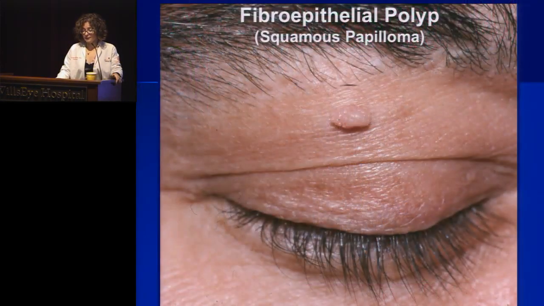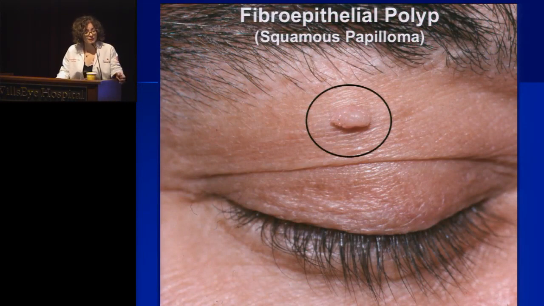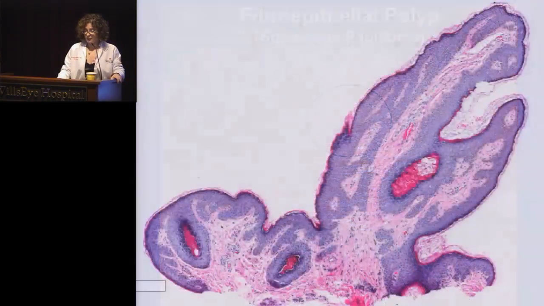Okay, so let's now move on to this one, which is a fibroepithelial polyp, and we can call it acrocordon or a skin tag. Eye pathologists will call it squamous papilloma. And typically in dermatopathology, that term is reserved for large lesions. For small lesions, fibroepithelial polyp is applicable. So that's what it looks like. It's now pedunculated. It's no longer sessile.